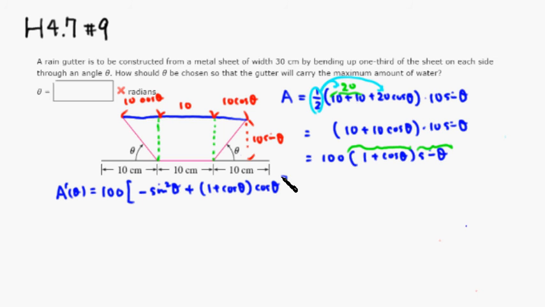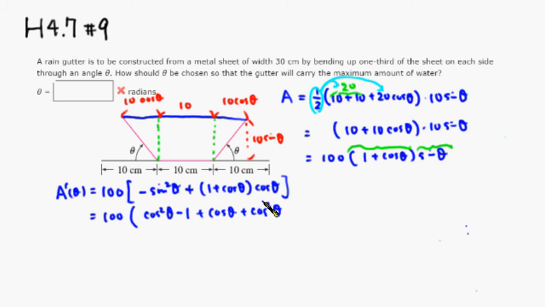Then since this is going to be cosine here, I'm going to rewrite this guy. Negative sine squared can be written as cosine squared minus 1. And then you would have plus cosine of theta plus cosine squared of theta.